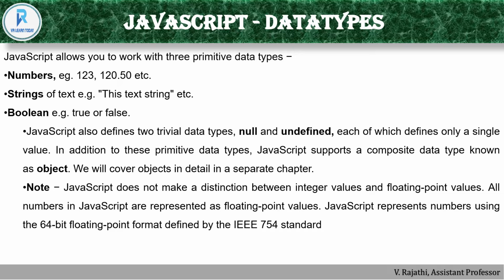JavaScript also defines two trivial data types, null and undefined, each of which defines only a single value. In addition to these primitive data types, JavaScript supports a composite data type known as object. We will cover object in detail in a separate chapter.